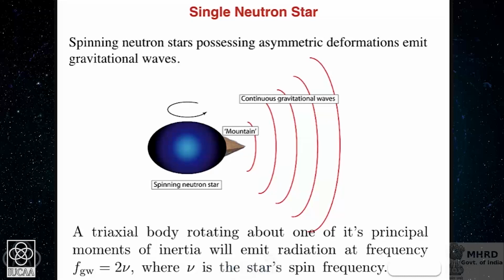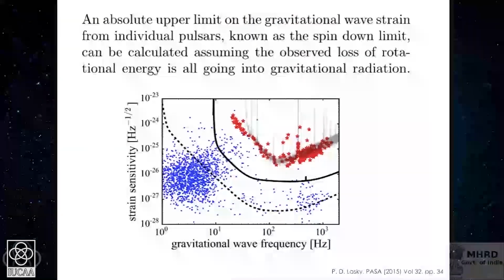One can also see several pulsars, which are essentially neutron stars with a radio beam pointing in our direction, and we can estimate their rotational frequency, and based on their mass one can calculate where these signals fall, whether in the detectable range or not.